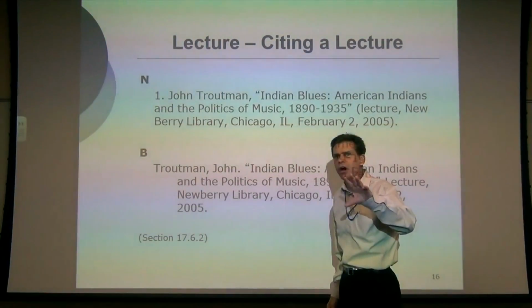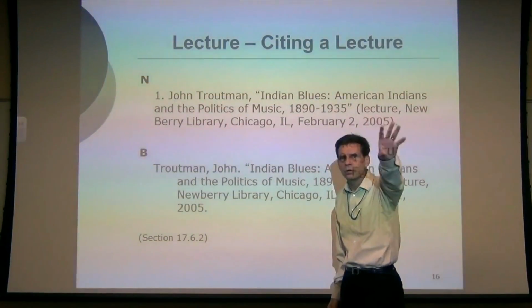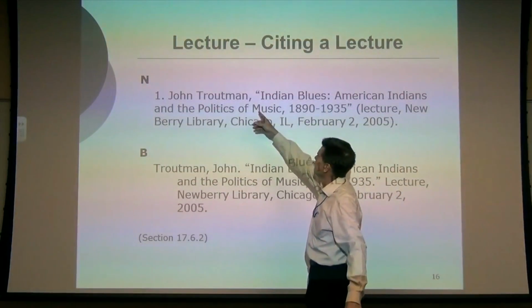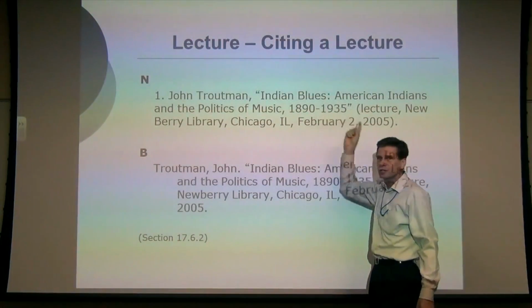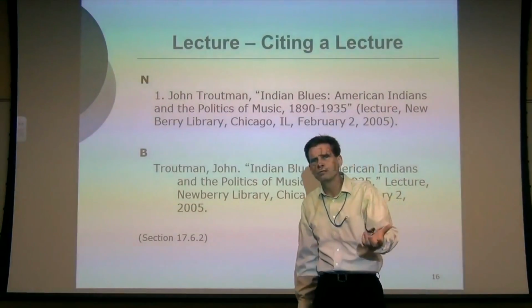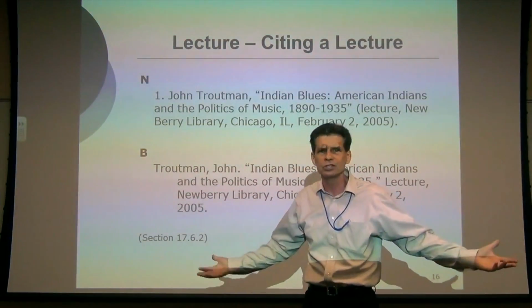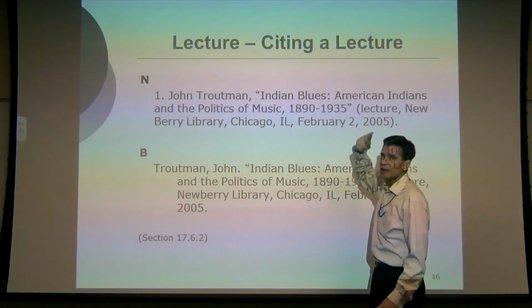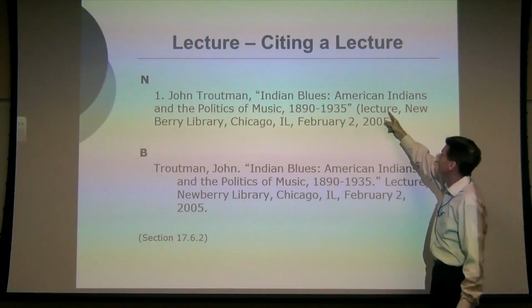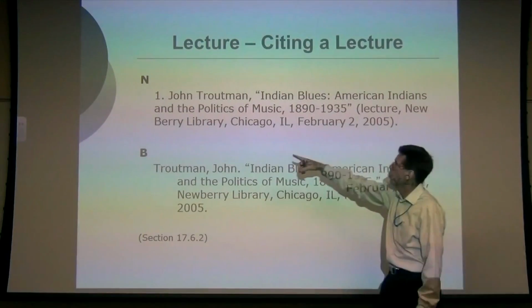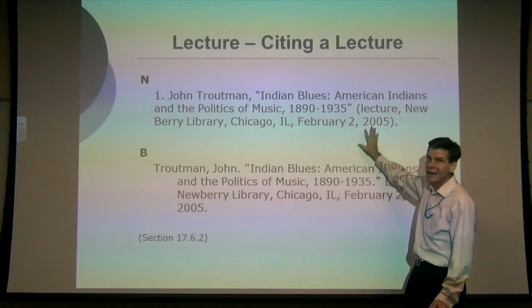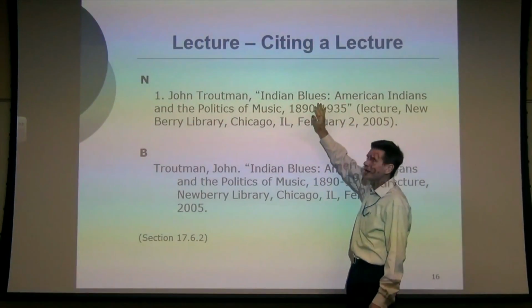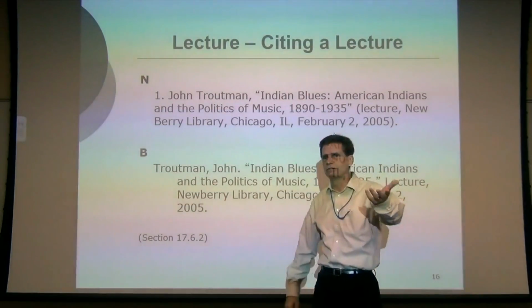You're going to want to know the name of your lecturer, so it would be your teacher's name, and then comma, and then the lecture title itself. Now, if your professor hasn't provided a title, and they normally don't for just a lecture, you're going to have to make up a name for that particular lecture. Now, you're already going to have lecture over here, where it occurred, and on what date, so you may want the title to be something descriptive.